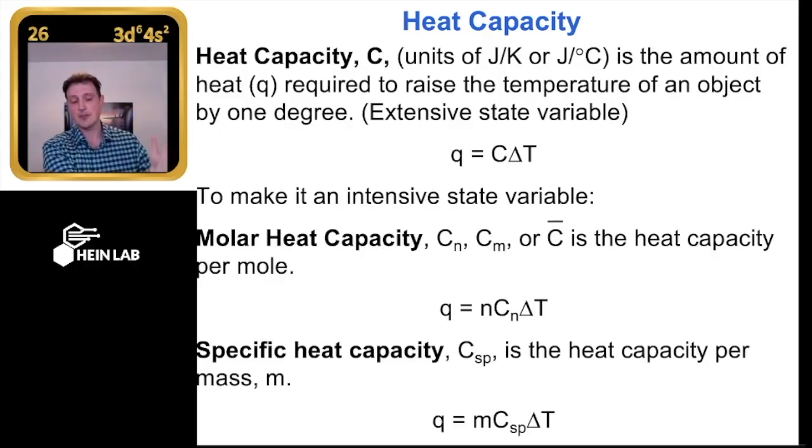We're not specifying how big that object is. Cn and Cm are the energy per degree Celsius for 1 mole or for 1 mass. Those are intensive variables. They're normalized by a weight of those objects or a mole of those objects. So molar heat capacity and specific heat capacity are standard intensive state variables which can be used as a point.